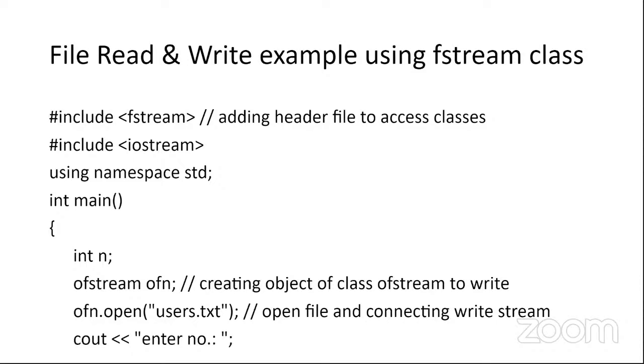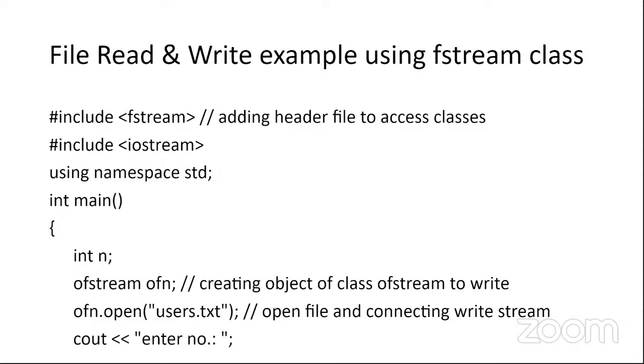Here in this program we define an integer n, and then ofstream ofn. Here we create an object of class ofstream to write. What this class will do is attach a stream to the file through which our program can write into the file.